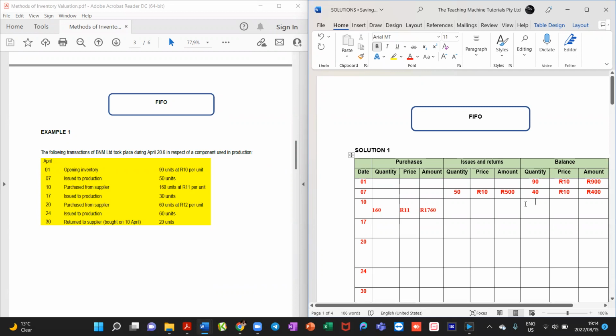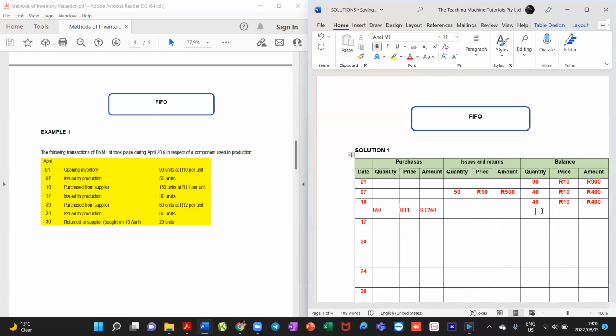Now check. We're not going to mix these units because another principle with the FIFO method is that the original price is maintained. If you bought chickens for 40 rand, they would remain like that. When you determine the value of those chickens, it will be 40 rand. Now, I'm going to bring the old stock down at the very same price to show that we had old stock that consists of 40 units at 10 rand per unit.